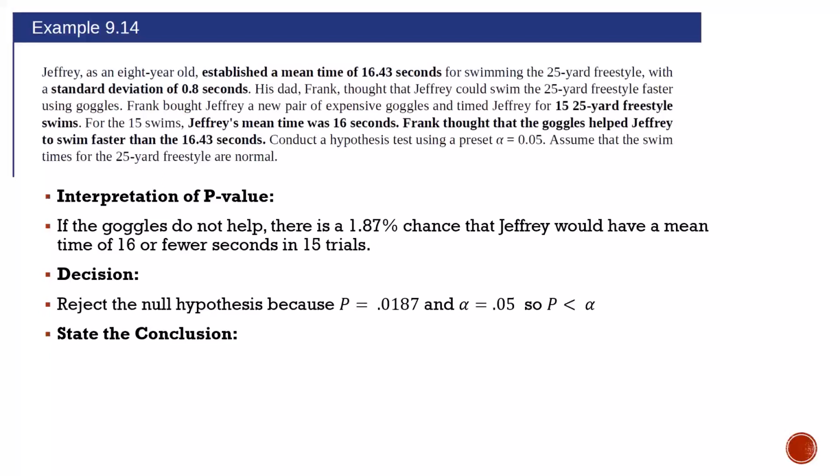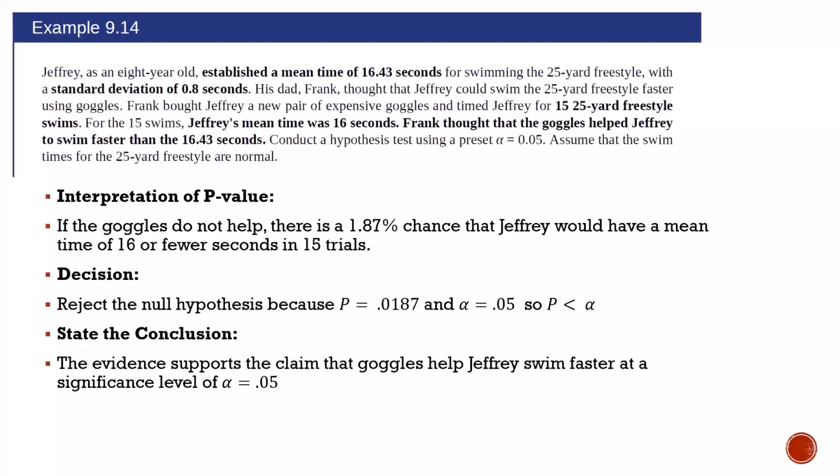What did Frank think caused this lower mean swim time? Yes. And not just specifically the swim time in any direction, right? That could be a hypothesis, but that it helps them swim.